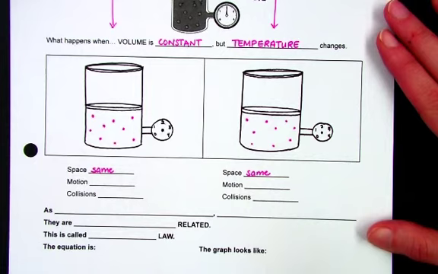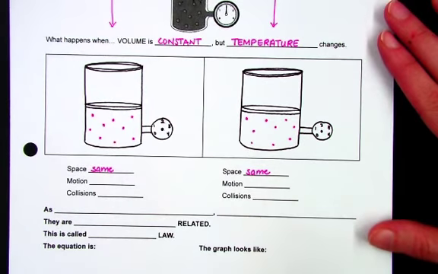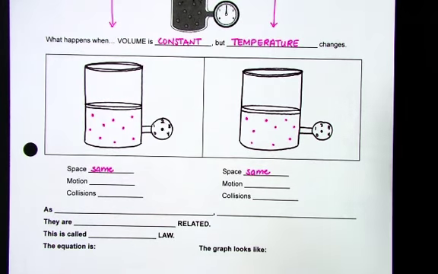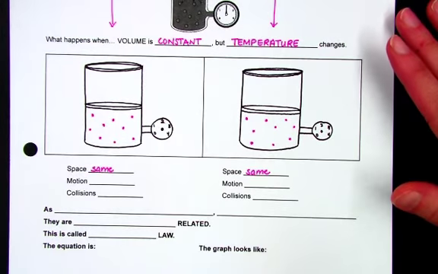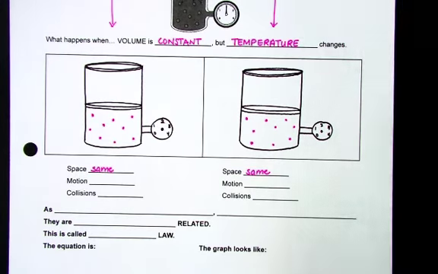Okay, they don't have to be in the same position. I obviously didn't make them in the same position. Doesn't really matter. But you should have the same number of particles. That shows me that the number of particles is the same. The amount of gas in there is the same.